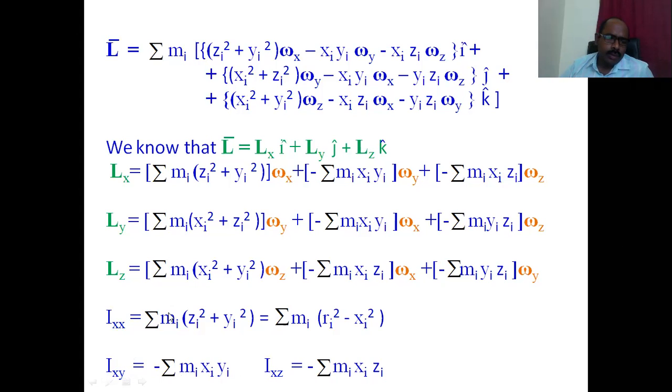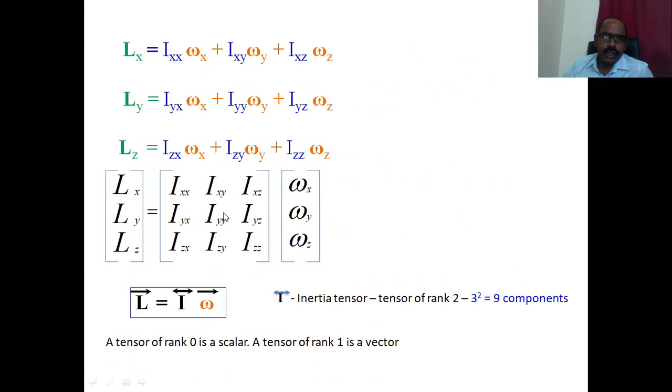Now, by writing these moments of inertia and rewriting these equations, we get this. Lx is equal to Ixx omega x plus Ixy omega y plus Ixz omega z. Similarly, Ly is equal to Iyx omega x plus Iyy omega y plus Iyz omega z, and Lz is equal to Izx omega x plus Izy omega y plus Izz omega z.